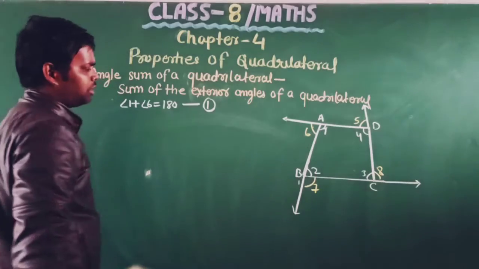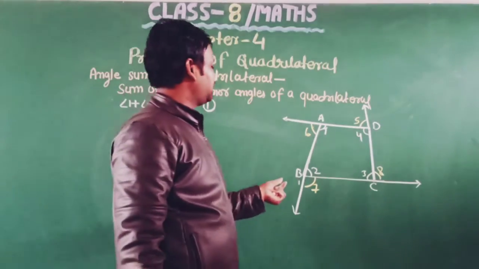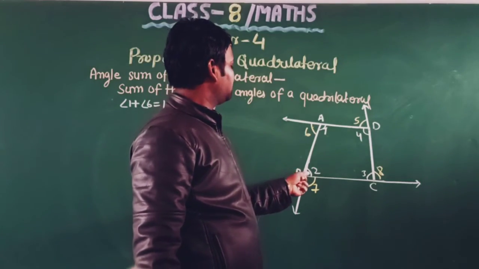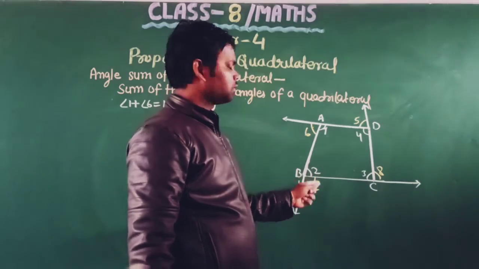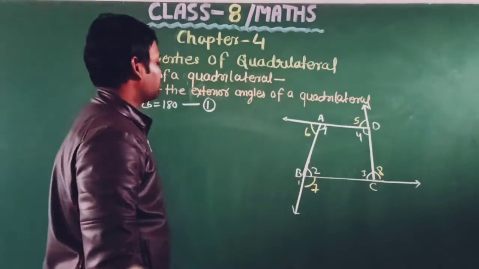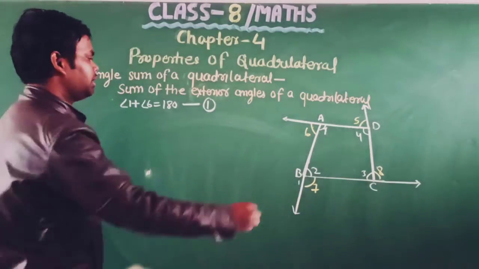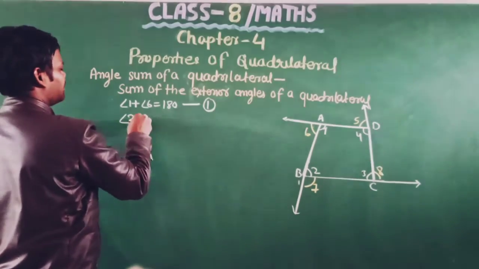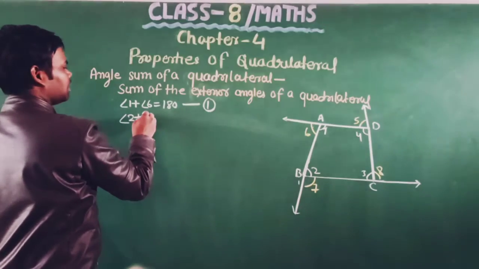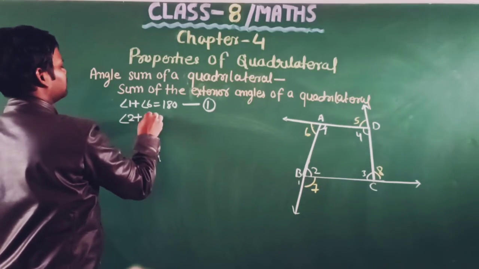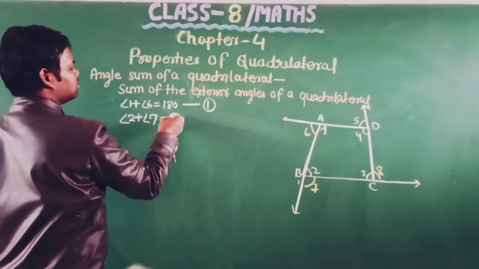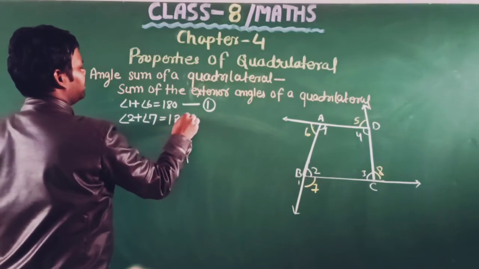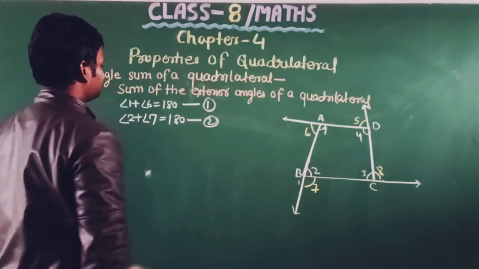Suppose this is equation 1. Similarly at vertex B, the sum of angles is 180 degrees, so angle 2 plus angle 7 equals 180 degrees. Say equation 2.